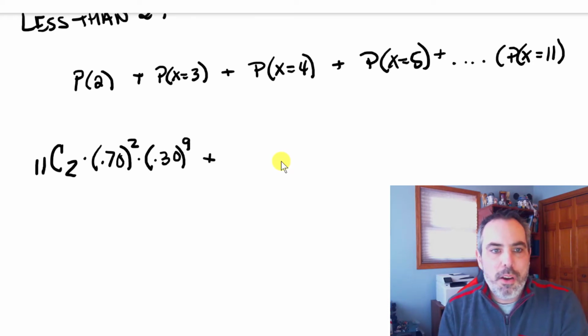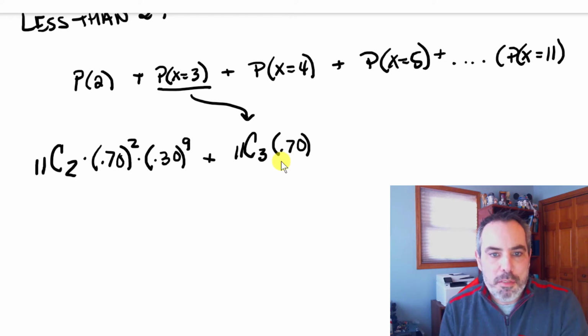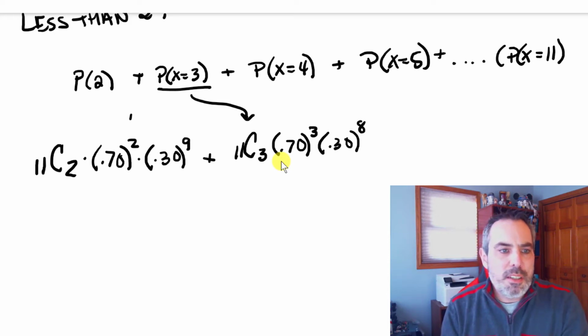Plus, well, now I have to do the 3. So over here, I've got 11 combinations taken 3 at a time, times the probability that 3 of them die, times the probability that 8 of them live. Do you see how these numbers are counting down, or they're changing?